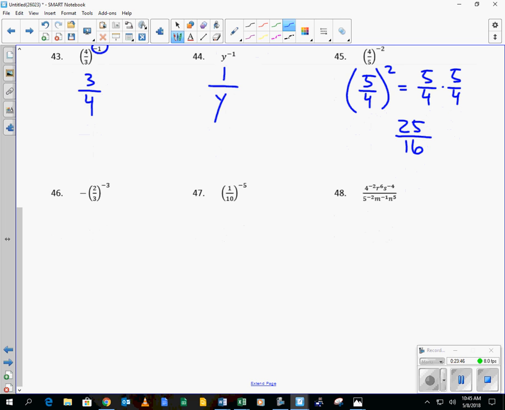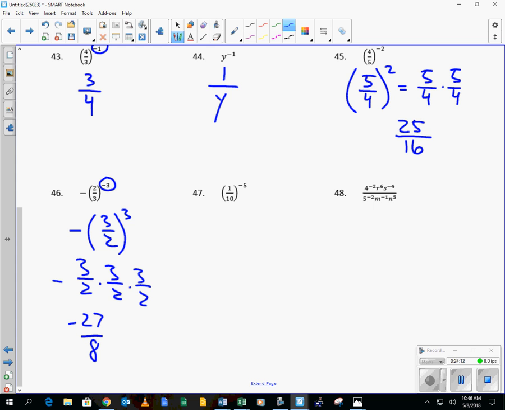For 46, I have negative 2/3 to the negative third power. So I'm going to use up that negative, 3/2 to the third power. So it's negative 3/2 times 3/2 times 3/2. 3 times 3 times 3 is 27, and 2 times 2 times 2 is 8.